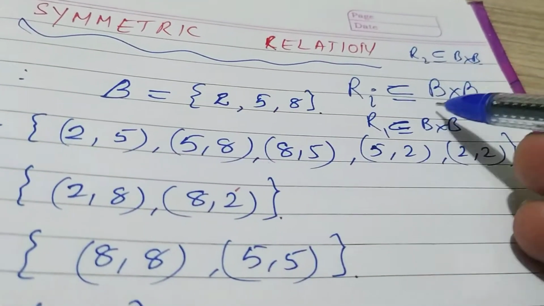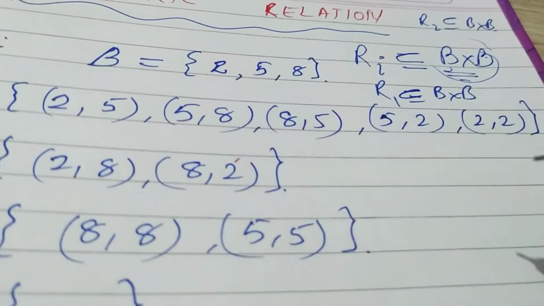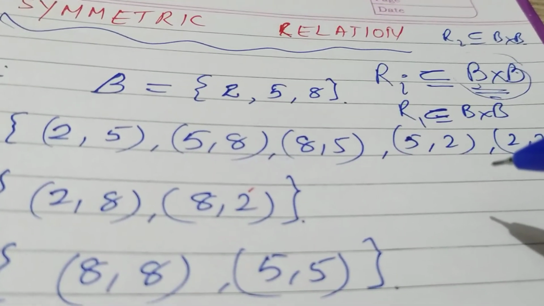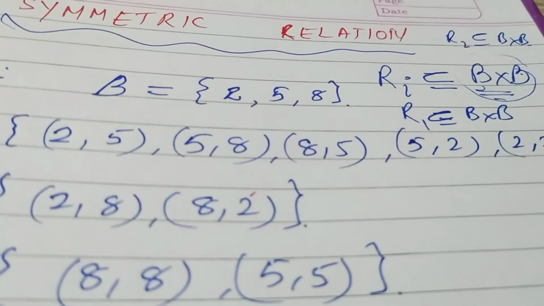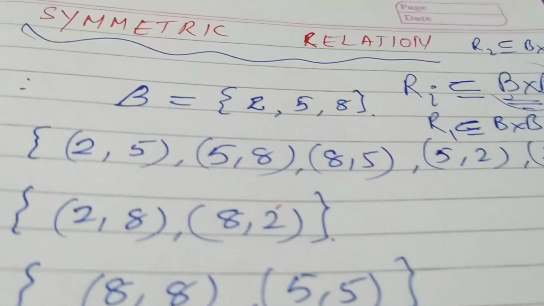It will be B cross B itself, which is the universal relation. And what will be the smallest relation? It can be an empty relation, isn't it? No element of the set B is related to any of the elements.